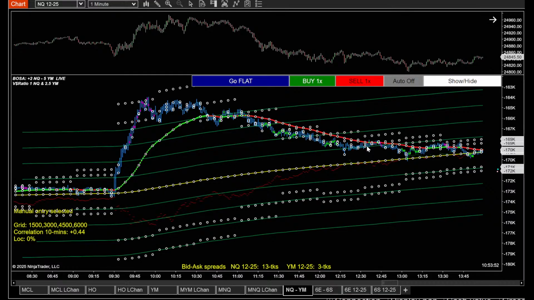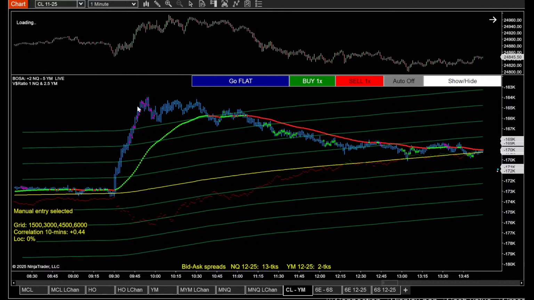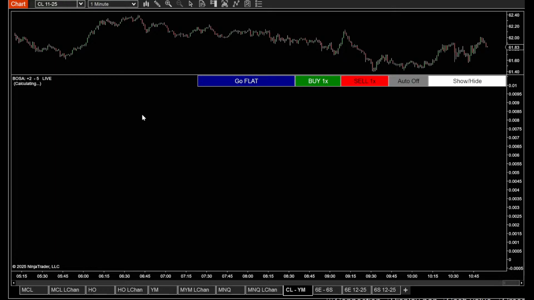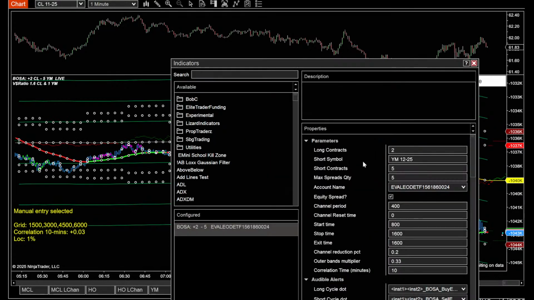All right, let's go back to, I'm going to pull up the crude oil first, and we'll spread this against heating oil. Heating oil, let's go 1 to 1 on our ratio.